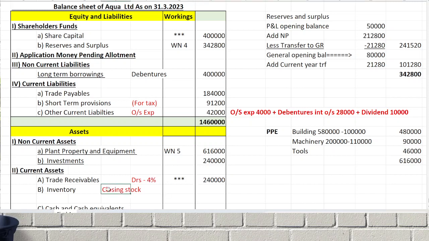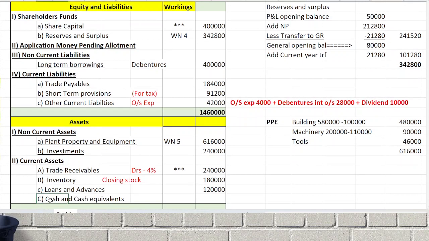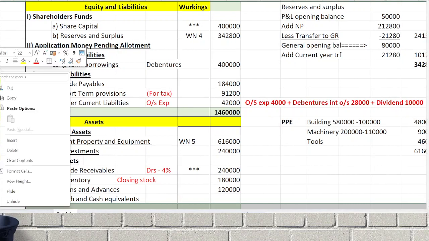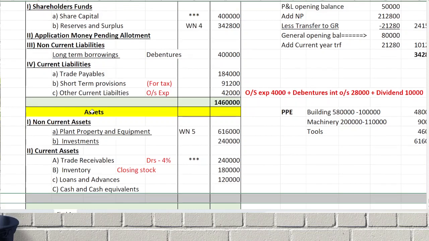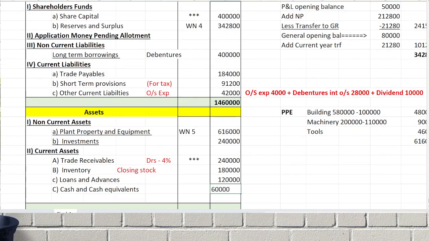Look, there is closing stock. What is the closing stock? 1,80,000 closing stock. Then loans and advances. What is the loans and advances given? Cash and cash equivalents. Cash and cash equivalents, how much? 60,000.